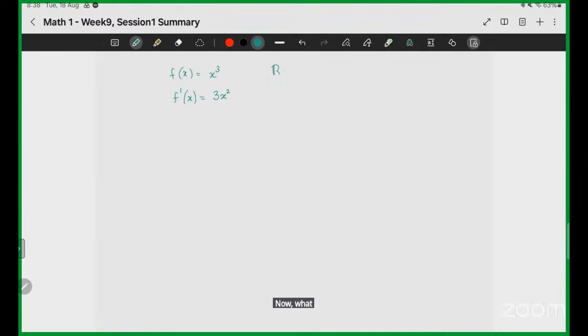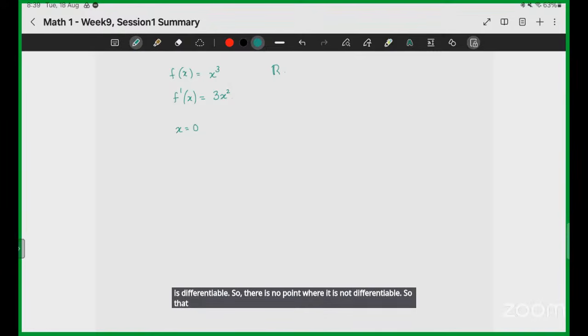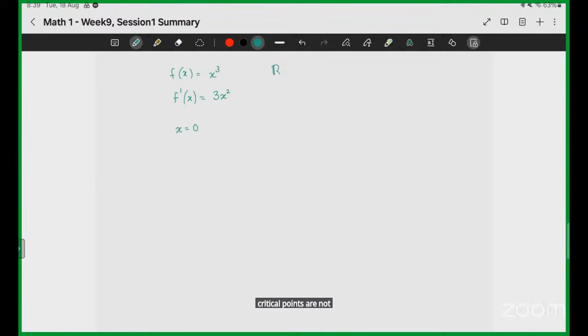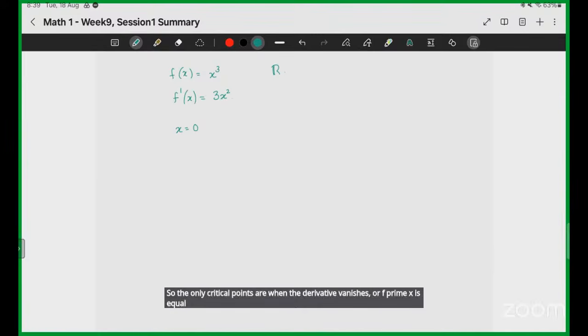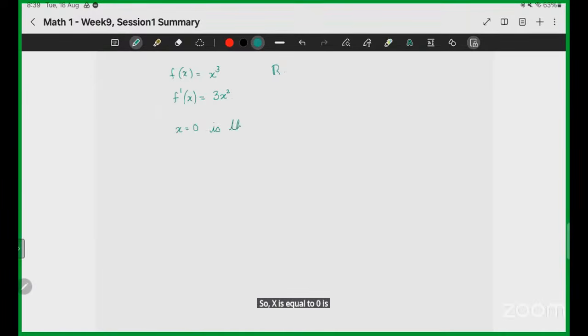Now, what are the critical points on the domain? x equal to 0. x equal to 0 is the only point because x cubed, being a polynomial, is differentiable. So there is no point where it is not differentiable. So that set of critical points is not there. So the only critical points are when the derivative vanishes, or f prime of x is equal to 0. But f prime of x is 3x squared. So that is 0 only when x is 0. So x equal to 0 is the only critical point.